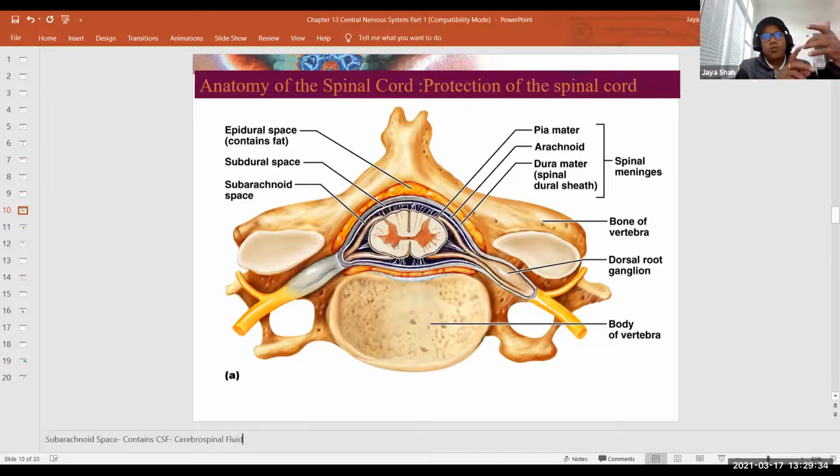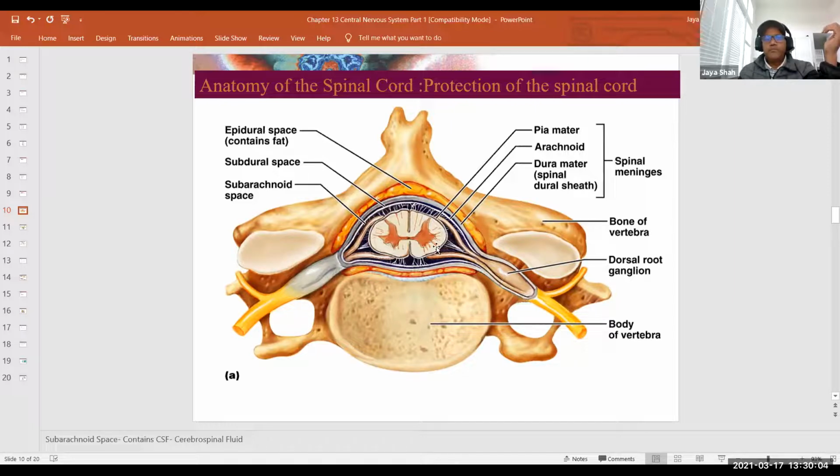It contains the same water, but it is aqueous, thinner. It has less protein, all the electrolytes, less potassium compared to your plasma. And this gives a buoyancy effect on the brain and spinal cord. Okay.